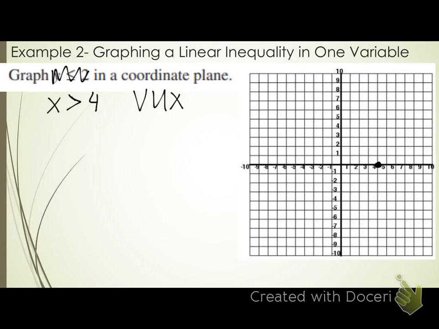Vertical. However, is it going to be a dashed or solid line? Dashed. There's no bar underneath my inequality symbol. So it's a dashed vertical line going through 4. Still want our arrows on the line because that line still goes on forever and ever and ever. So there's my boundary line.